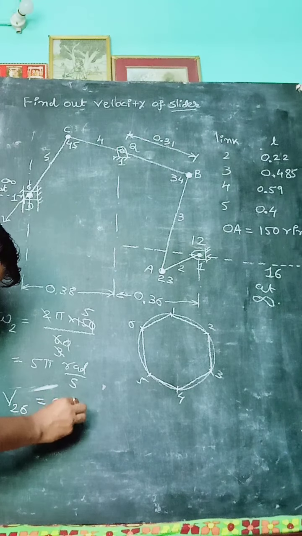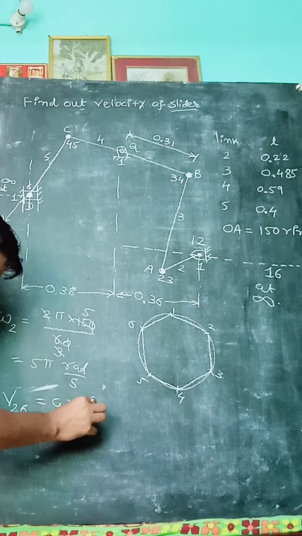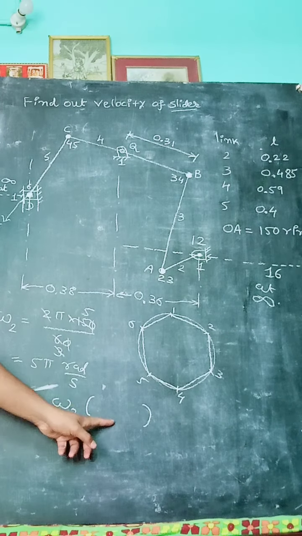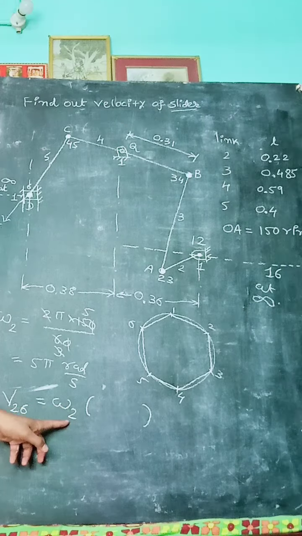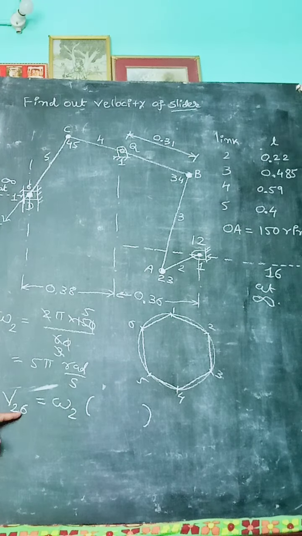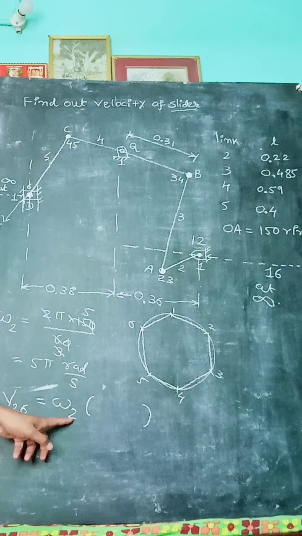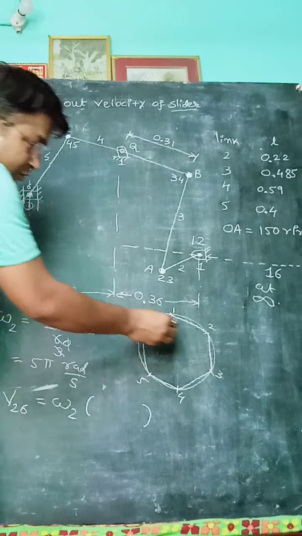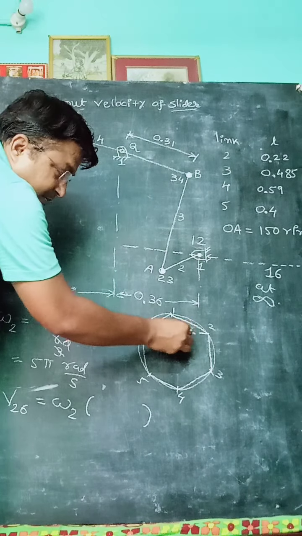It is equal to omega 2 into something, v equals r omega. As omega of link number 2 is available, that's why here it is 26. Suppose link number 4 is available, so here it is 46. Okay. Now let us plot the instantaneous center 2 6 first. 2 6. How can we plot this?